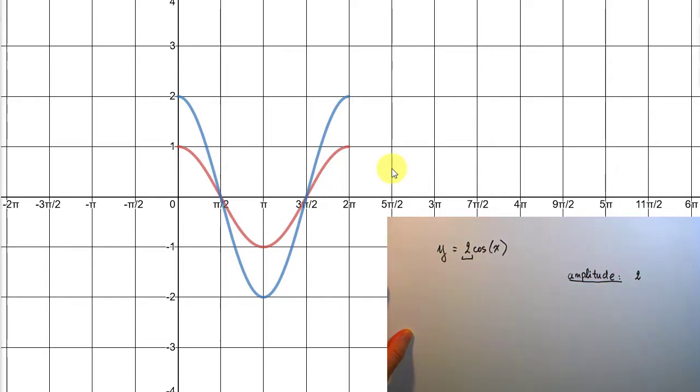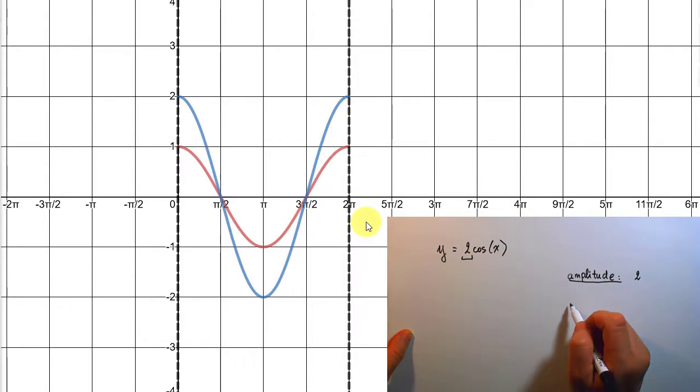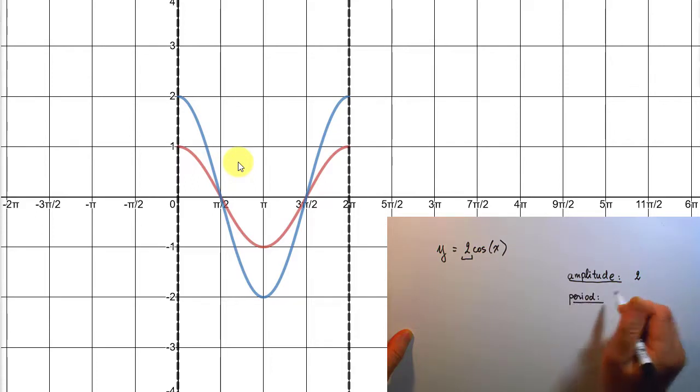For the period, allow me to put in the start and the end of the interval, so we can see clearly the basic unit of our cosine function. The period here is 2 pi, as we can see from the graph: our blue curve starts at x equals 0 and ends at x equals 2 pi, so the total interval length is a 2 pi period.